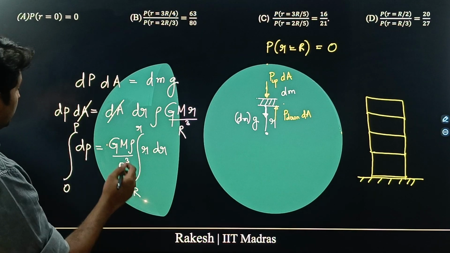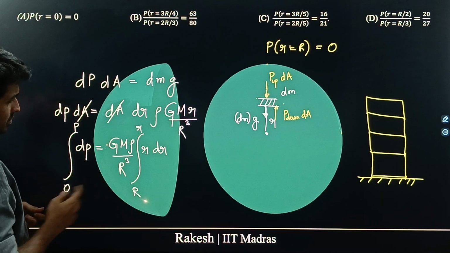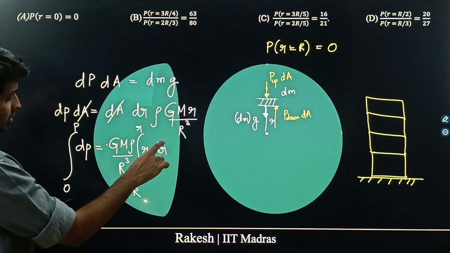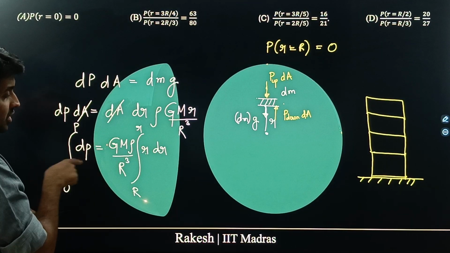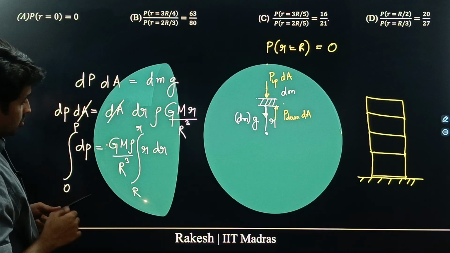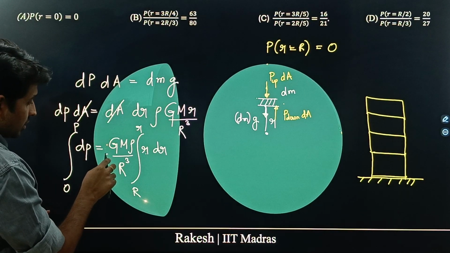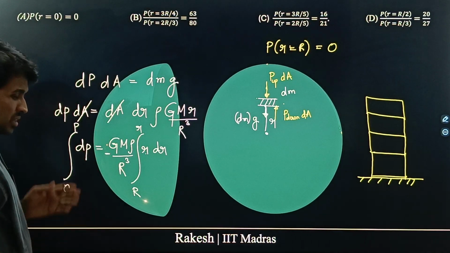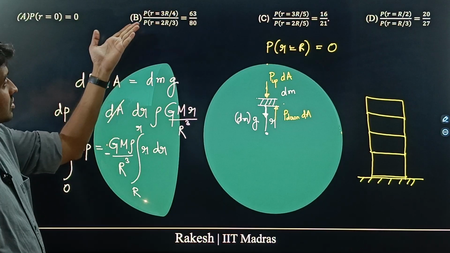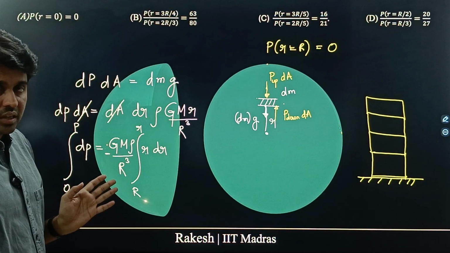So what will we get here? Tell me. And one more thing, as r is increasing, the pressure is decreasing. So we will have a minus sign here. But that is not very relevant because he's asking for a ratio. This minus will get cancelled.